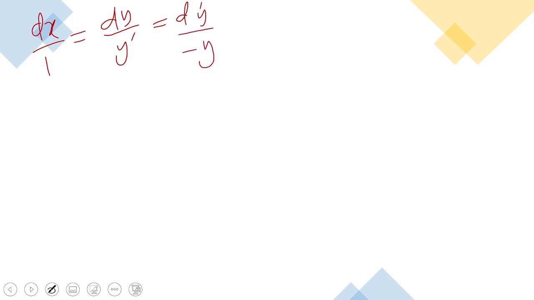Now let's solve it. dx over 1, dy over y dash, dy dash over minus y, df over 0. So f will always be a constant. Let's call it phi.